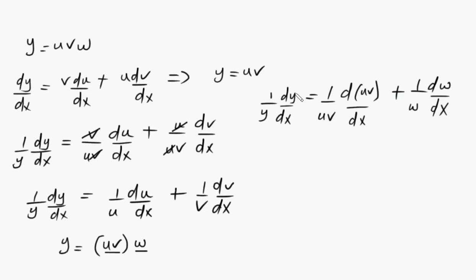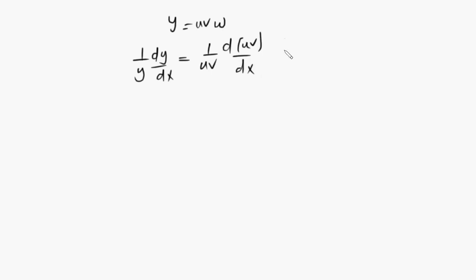Let's continue there now. So where have I reached? I have said that for this one y equals to uvw, and if I differentiate 1 over y dy, it's just the same as 1 over uv, this one is duv dx plus 1 over w dw dx.